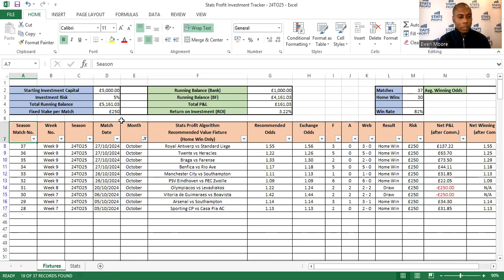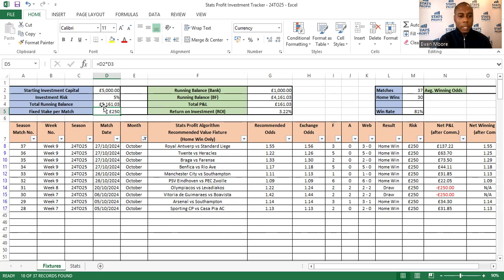Now, I did mention in this video before, throughout the season we are focusing on a fixed staking investment strategy, which is 5% of the initial £5,000 investment. So that is £250. Every match until the rest of the season will have a fixed stake of £250. It keeps it nice and clean, to know exactly what I'm doing when I place these investments, and it keeps it cleaner for the audience to understand as well.